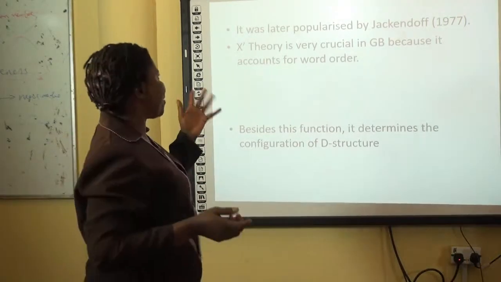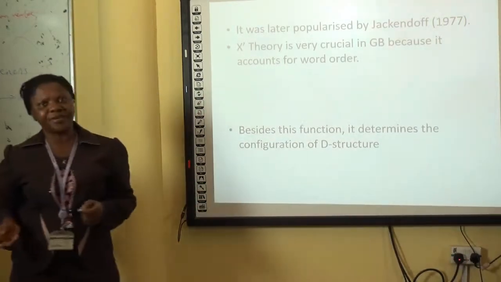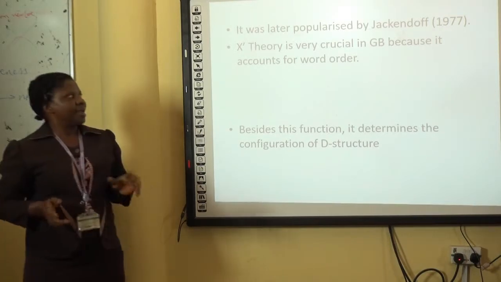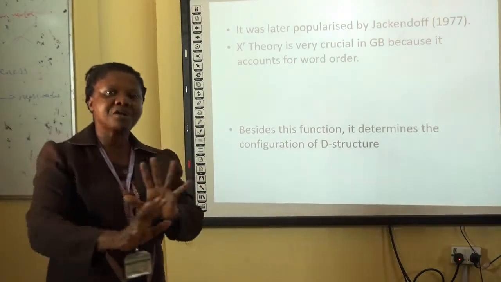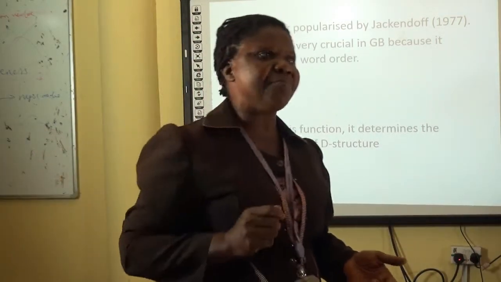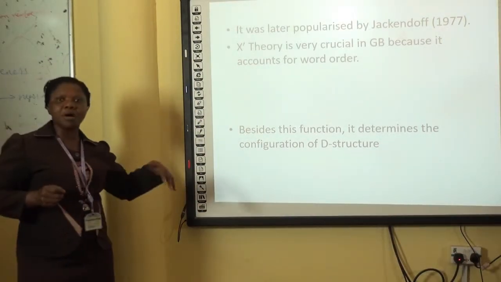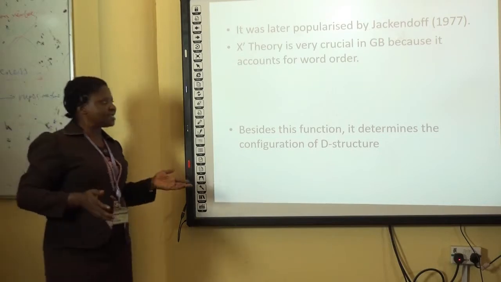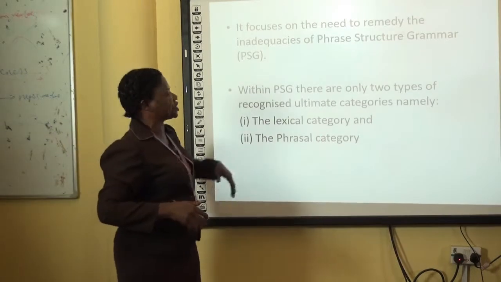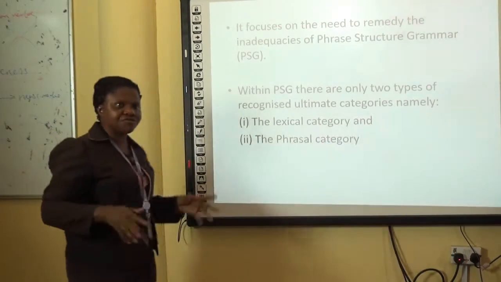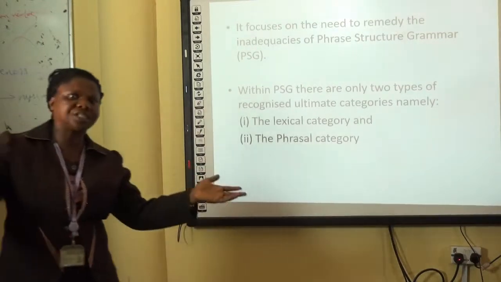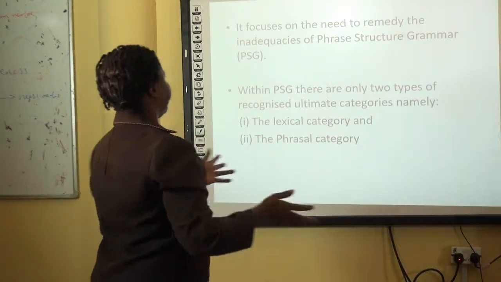It was popularized by Jackendoff in 1977. Xbar theory is very crucial to government and binding, in the sense that it accounts for word order. Besides this, it determines the configuration of the D structure, of course, as you have come across the D structure as well as the surface structure.